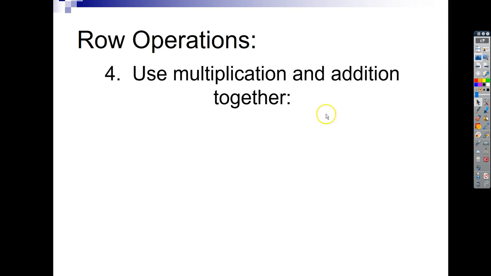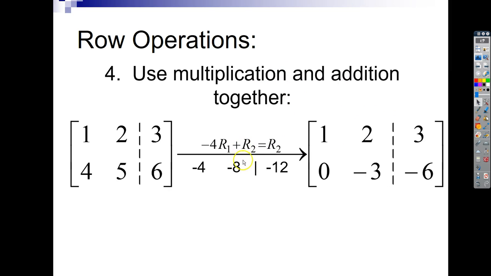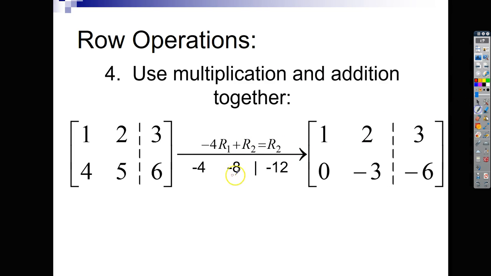Use multiplication and addition together. So this says that we're going to multiply row 1 by -4. We're going to add row 2, and we're going to leave it in row 2.